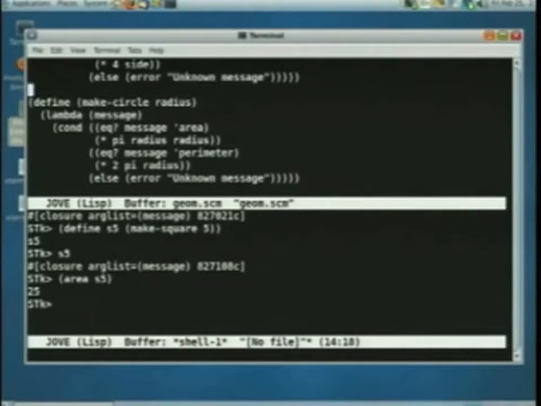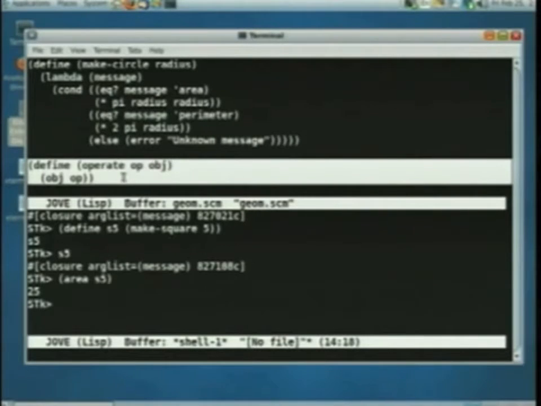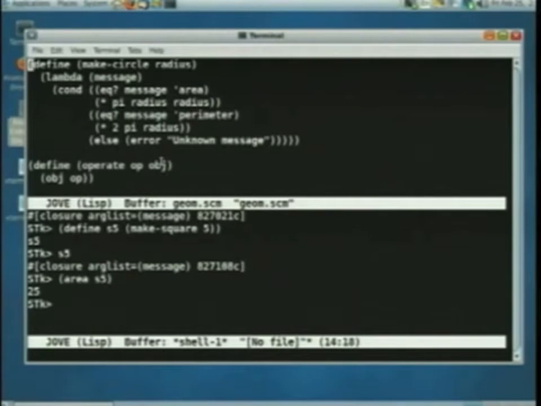And the way that that works is really kind of beautiful. Here it is. It's a much simpler version of operate. The first operate wasn't very complicated, but this one's even simpler. Because an object now, which is a square or a circle or whatever, is executable. It's a procedure. And so we just invoke it with the operator, which is a word, as its argument.